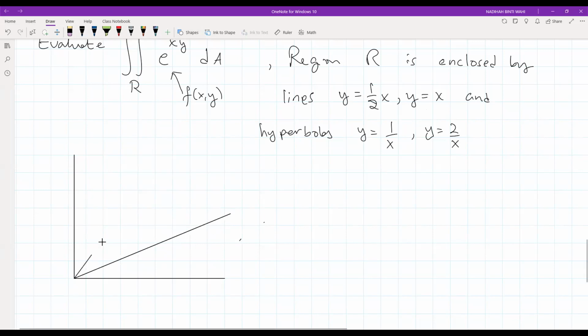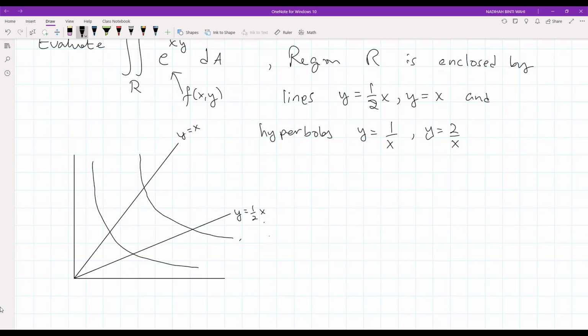Then the hyperbola 1/x is something like this, not to scale, and 2/x is another one, like that. So the region is the enclosed region.